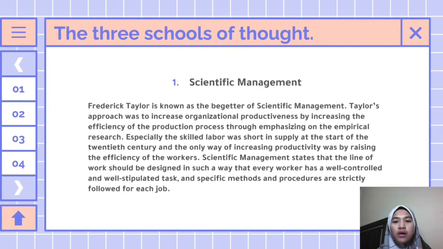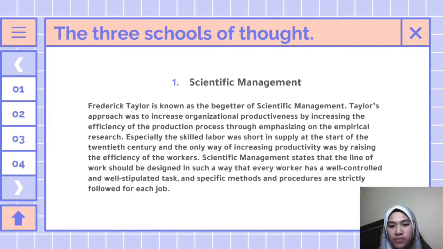The three schools of thought: scientific management. Frederick Taylor is known as the father of scientific management. Taylor's approach was to increase organizational productiveness by increasing the efficiency of the production process through emphasizing empirical research. Skilled labor was short in supply at the start of the 20th century, and the only way to increase productivity was by raising the efficiency of the workers.